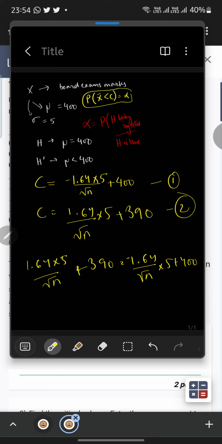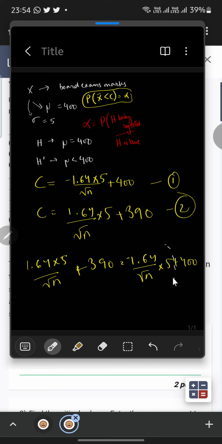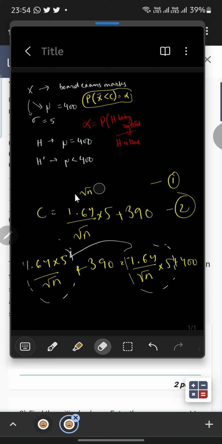Because of this minus here, this term and this term will add on, right?